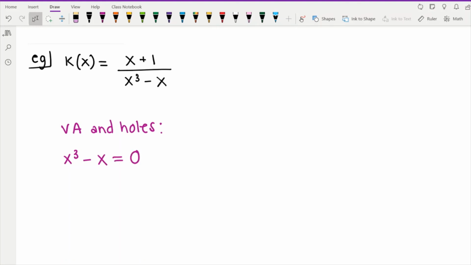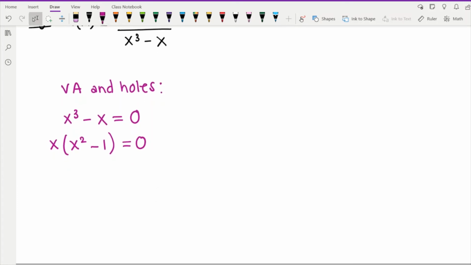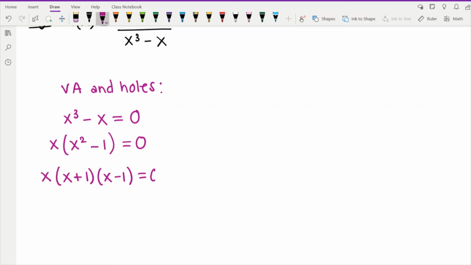Okay, so how do we solve something like this? So this one maybe doesn't look as clear of how to go about factoring, but we can factor out an x from both of these, right? So we could rewrite this as x times x squared minus 1. So now we're left with something that we can factor, right? This is what's called a difference of squares. So this factors as x times x plus 1 times x minus 1 is equal to 0.